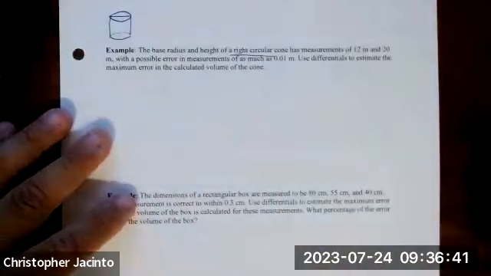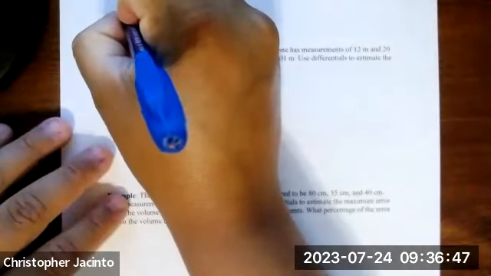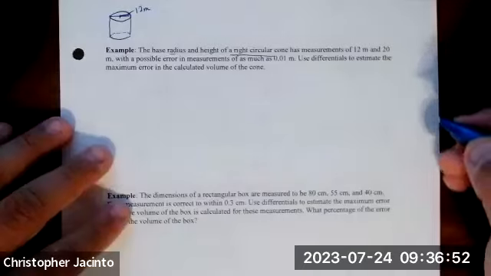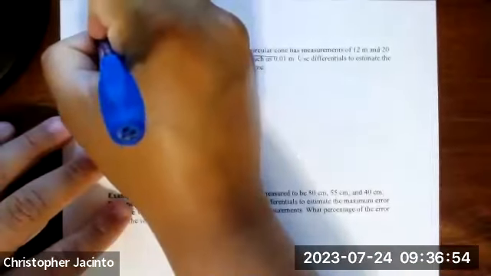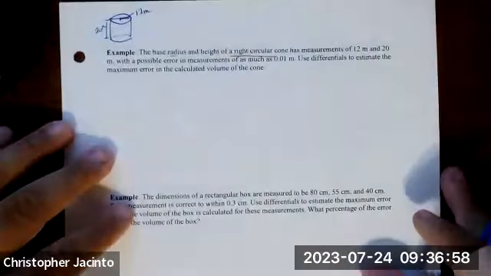All right, so just in case you're not sure, like I always like to do, I always just like to draw a picture. So we have a right cylinder. Here's my cylinder. And my radius there, right? Okay, so it says, so the radius is going to be 12. From here to here is 12. And the height is 20. Okay, so that's our little cylinder there.